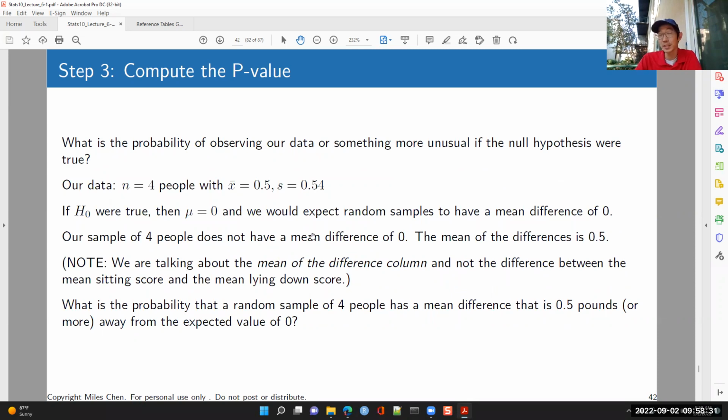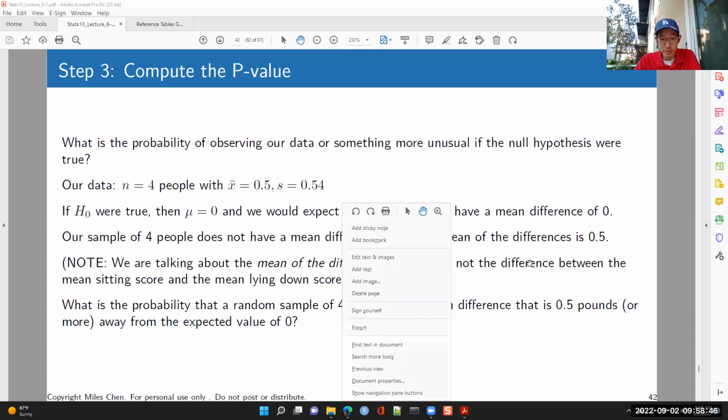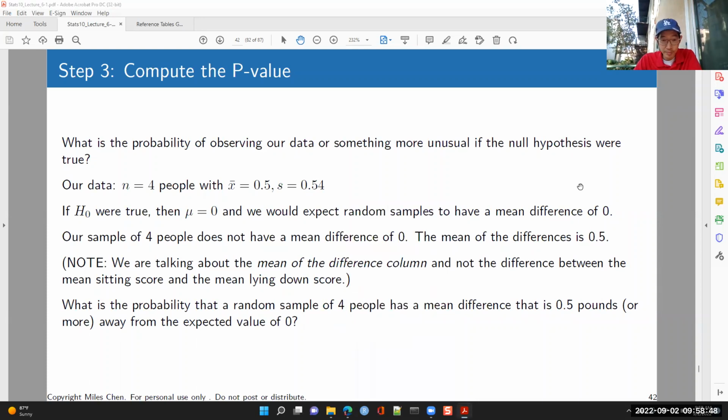And if that were true, then we would expect our difference column to just be 0. So we ask, what's the probability that a random sample of 4 people ends up with a mean difference of 0.5? And is that significantly different from 0?